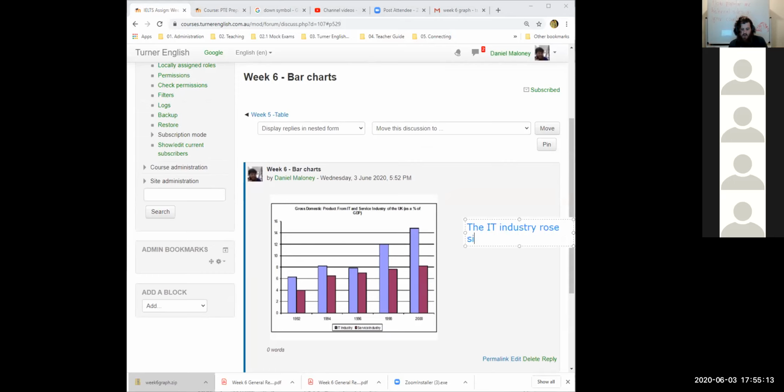rose significantly. Can anyone tell me how I would say that as a 'there was' sentence? How would I rephrase that, guys? Significant rise. Fantastic. Excellent.